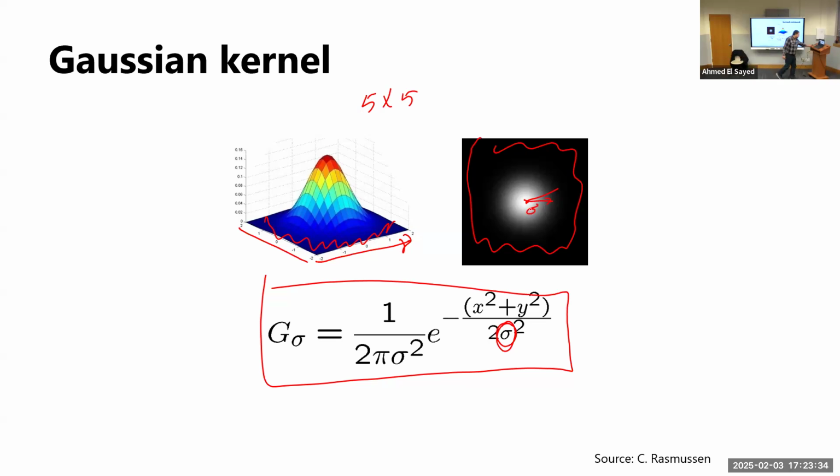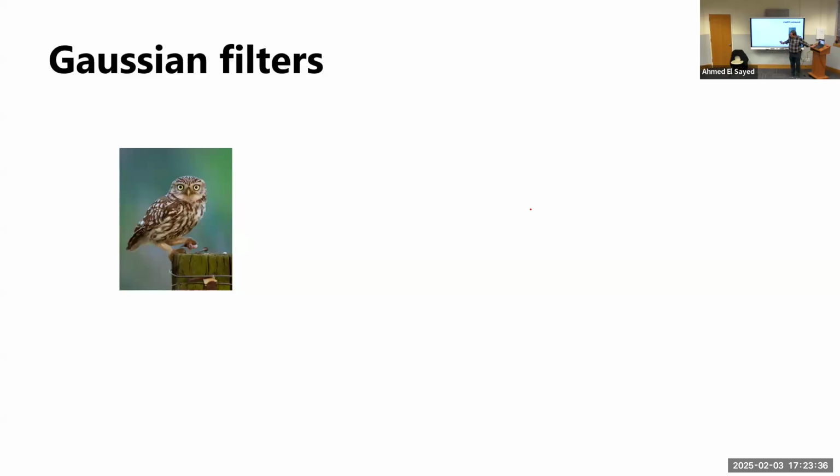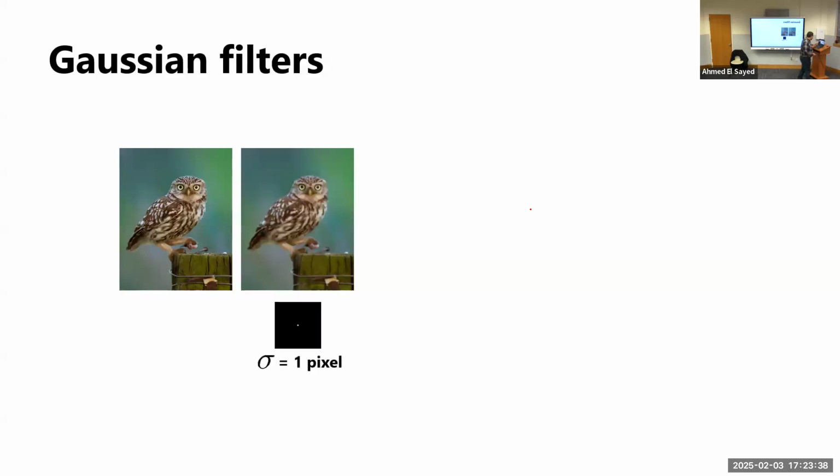So, for example, assume that we have this input image. This filter is a Gaussian filter. The sigma value of it is 1 pixel. You see how small it is? When we apply it here, the image becomes somehow blurry, but it has more details.